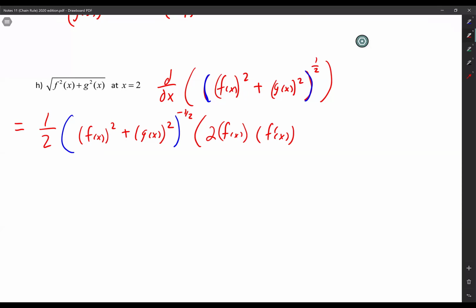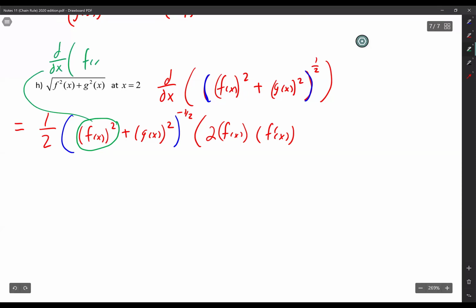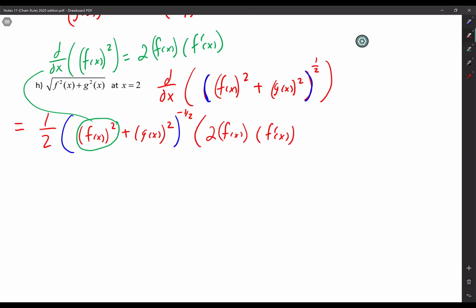Okay, don't worry, that's not the only part. I still have some more. This in green, if I told you to take the derivative of that, you have to do chain rule. 2 to the front, leave the inside, f of x, times the derivative of that inside. I'll put it here on the side: d/dx of f of x squared is 2 f of x times f prime of x. Do we see it now, Godinez?